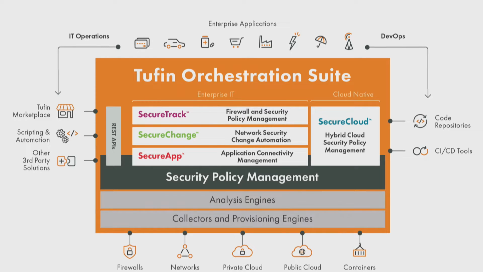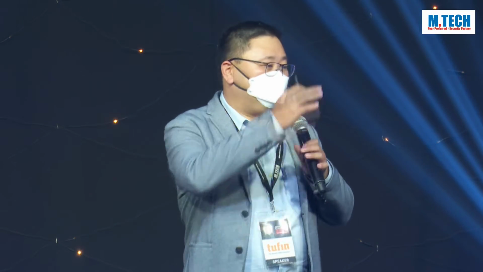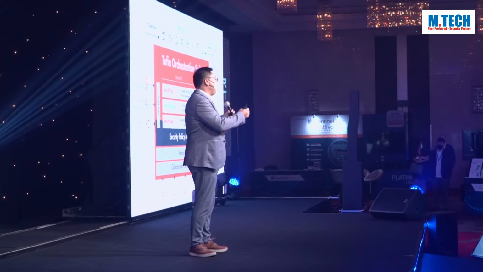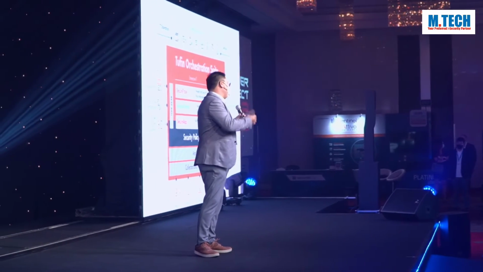With today's customers' network environments, cloud is inevitable. We have different cloud platforms: AWS, Microsoft Azure, Google Cloud. So Tufin also has SecureCloud to help customers manage their security policies in their cloud environment.